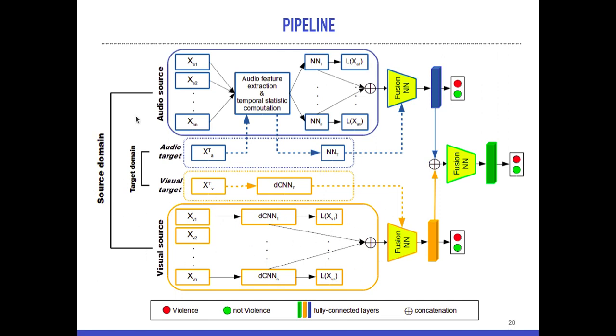We also have one audio network for each subconcept. From these networks, we extract the features from the last fully connected layers, and then we concatenate them to put through a fusion network.